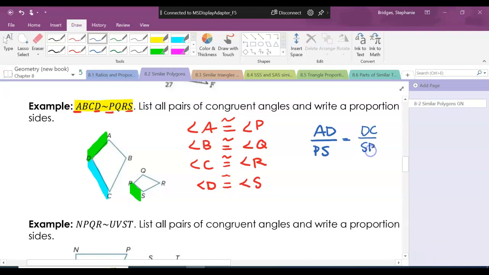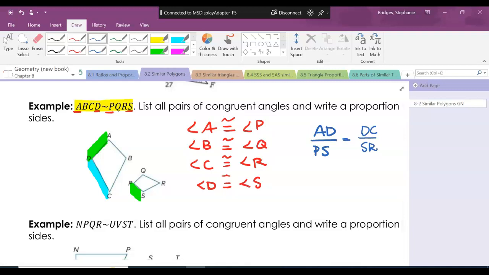SR, RS. It really doesn't matter which way you call it as long as it has those two letters. That means the lengths of my sides are going to be proportional. If I actually had lengths here, I would cross multiply and those would be equal to each other. That's what proportional means. Everybody understand? Okay, try the next one.